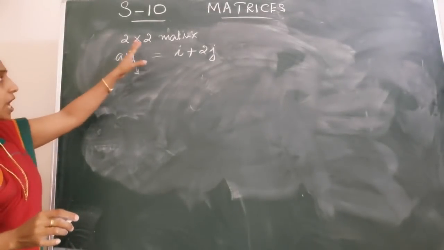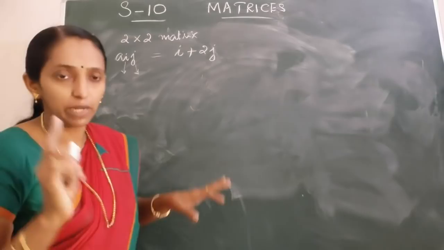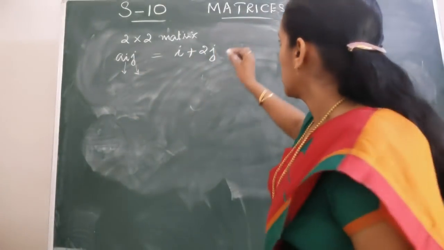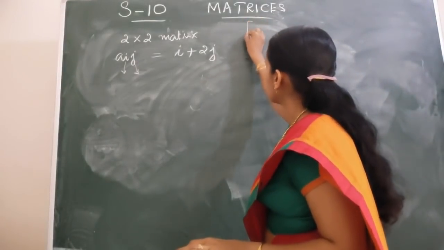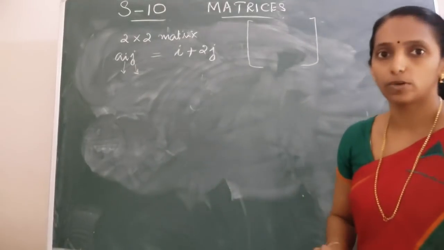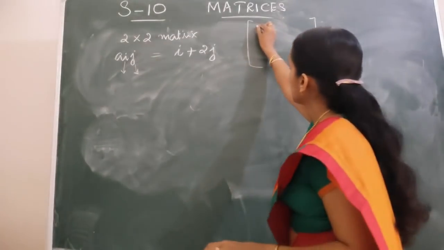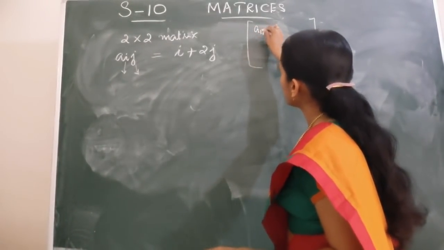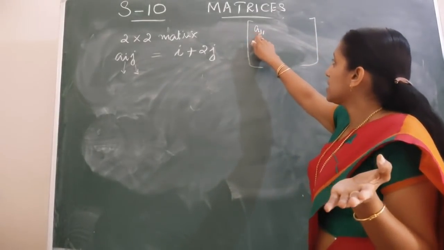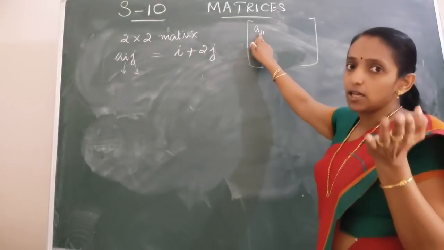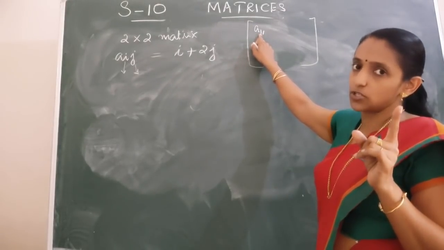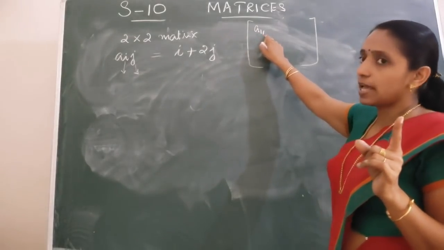So if you have to construct a 2 by 2 matrix, first of all you have to write the elements in the general form. A11 indicates the first row, first column element.